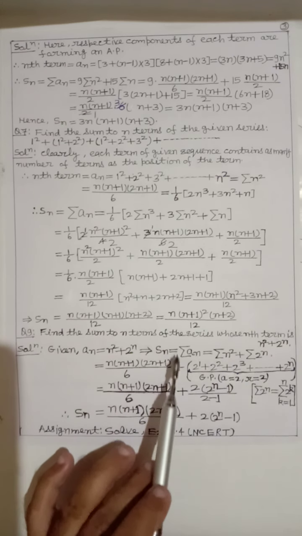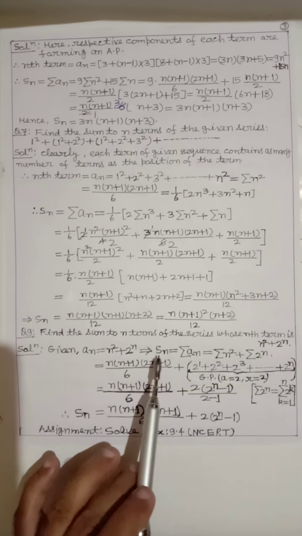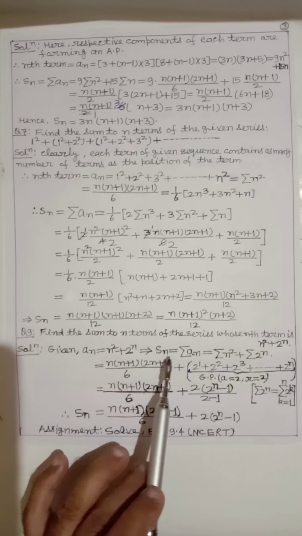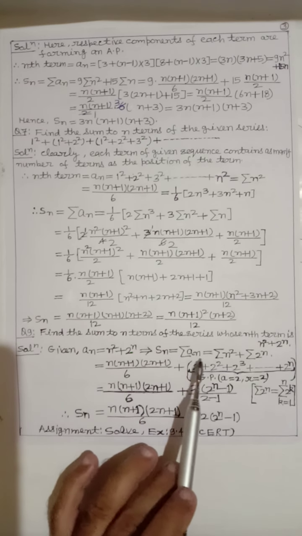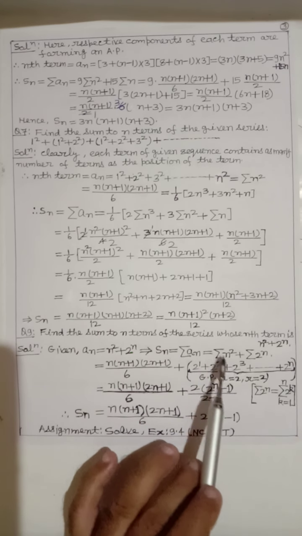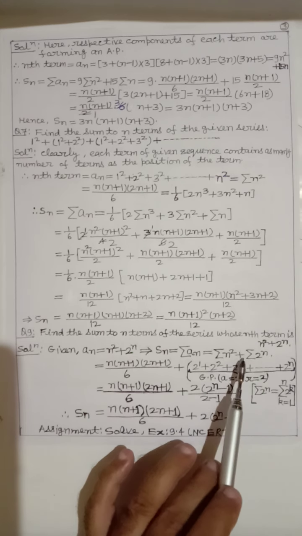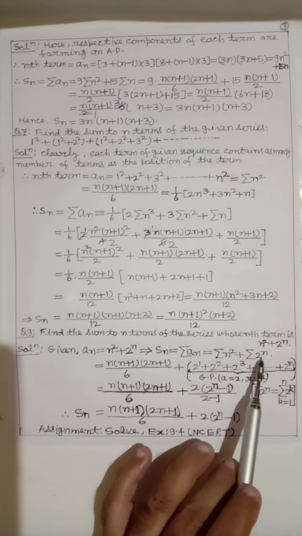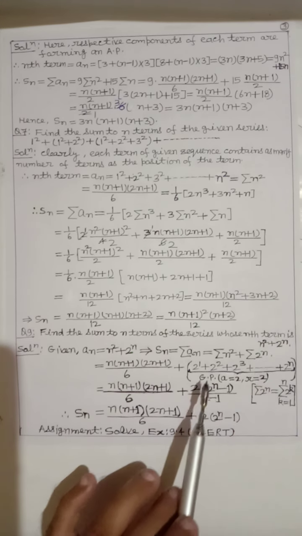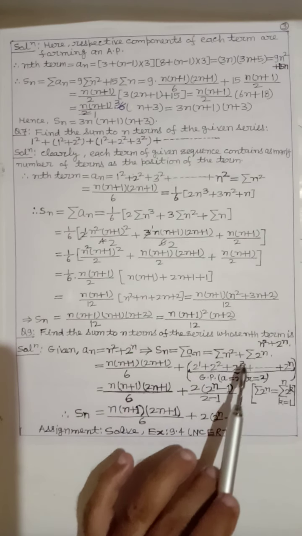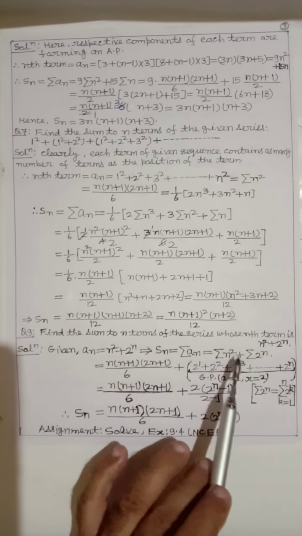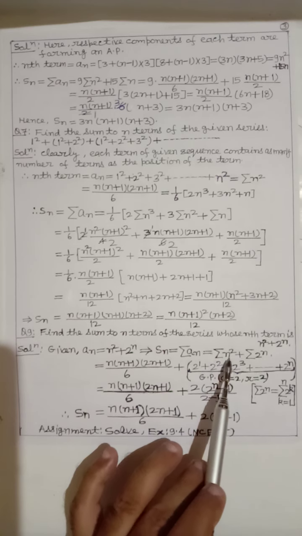And what is the sum to n terms? That is Sn is equal to summation an, and this is equal to summation n square plus summation 2 to the power n. And already we know this is the sum of the squares of first n natural numbers.